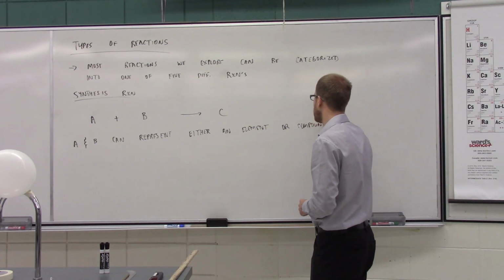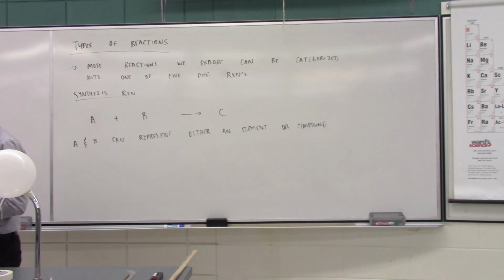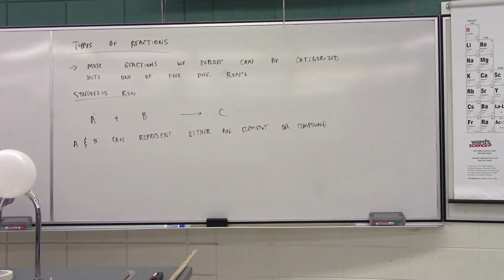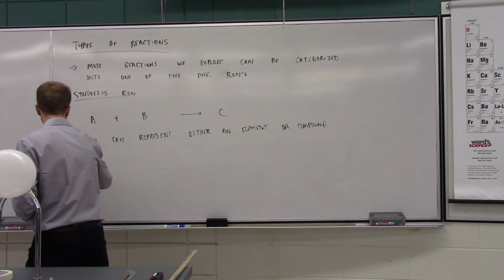And what do you think C represents? Well, it's a product, yes. It's going to be just a compound, though. Obviously, if you have multiple things becoming one thing, C will be a compound.